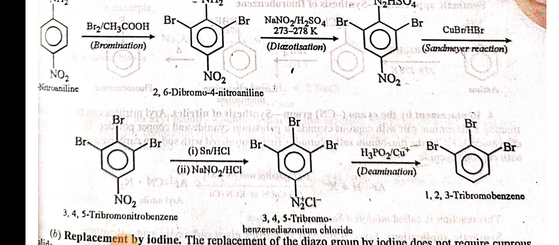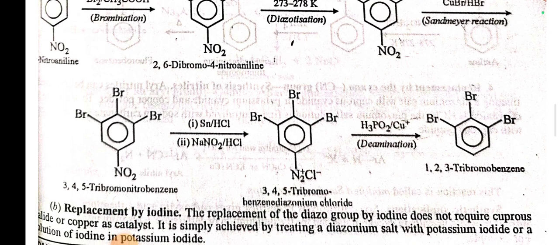Reacted with Sn/HCl and NaNO2/HCl gives 3,4,5-tribromobenzene diazonium chloride. When deamination takes place, it gives 1,2,3-tribromobenzene.